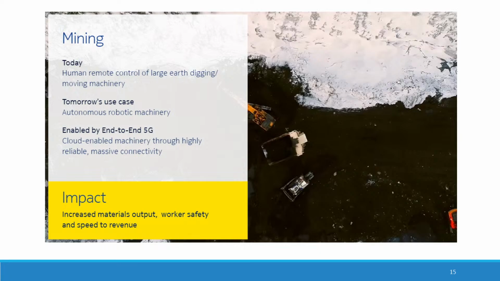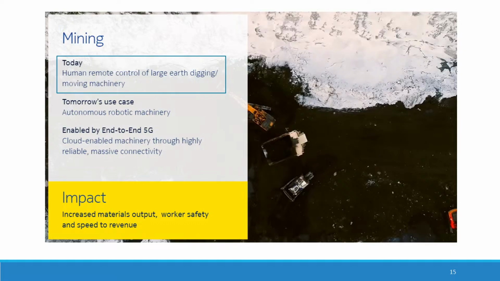Okay, also mining. Today, what we have is humans remotely controlling large earth diggers, right? Okay, but tomorrow, you don't need remote control. Why? Because the diggers are autonomous.